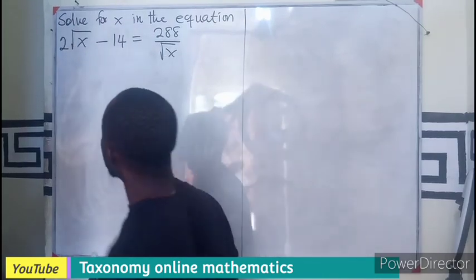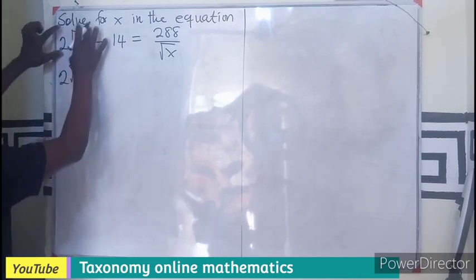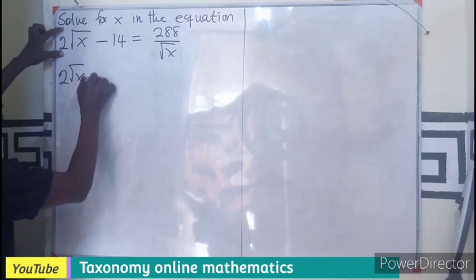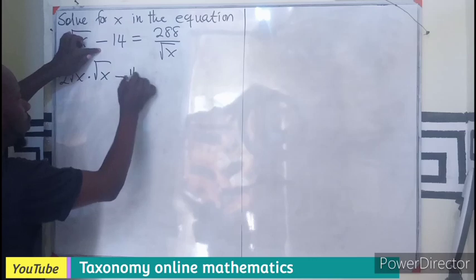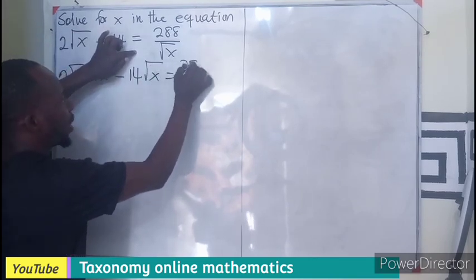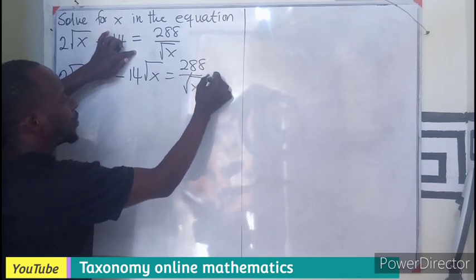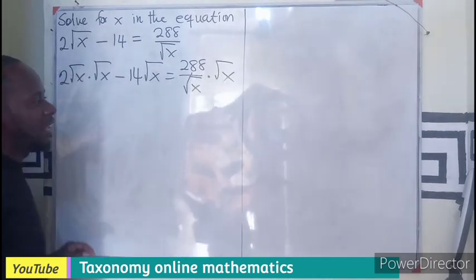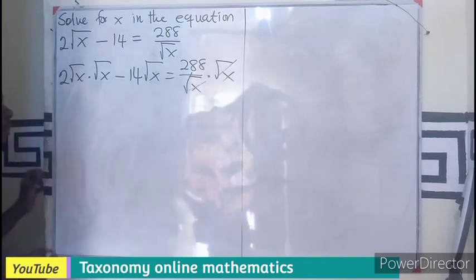This is going to be 2 root x multiplying root x, minus 14 multiplying root x, equals 288 root x times root of x. We are doing this because we want to cancel this with this.